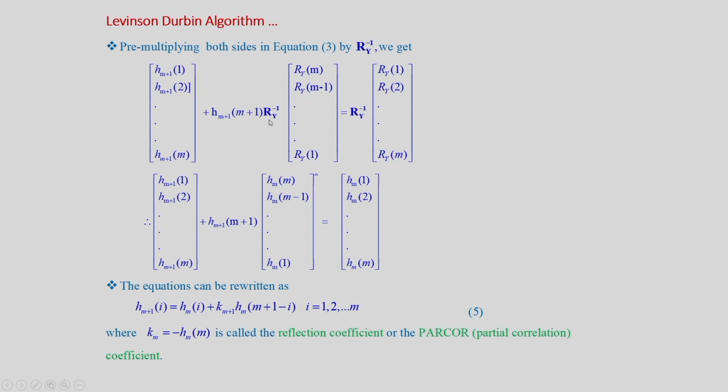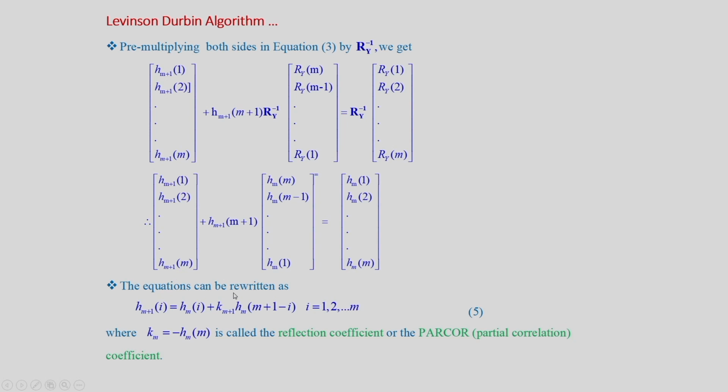If I take R_y inverse into this vector, I get the filter coefficients in reverse order, so that it will be h_mm, h_m(m-1) up to h_m1, and the right hand side will be h_m1, h_m2 up to h_mm. So, what we have observed is that the (m+1)th order coefficients are related to the mth order coefficients by this matrix equation.